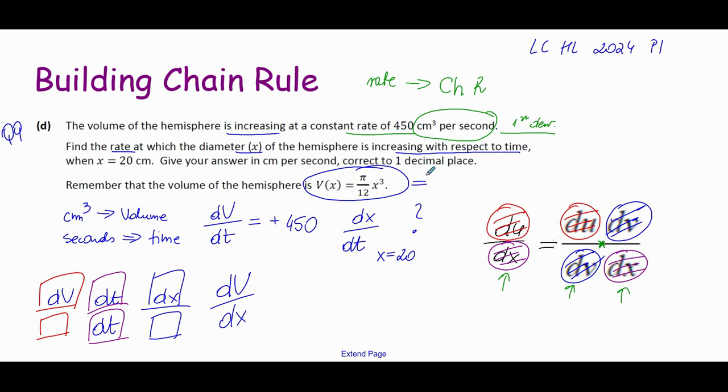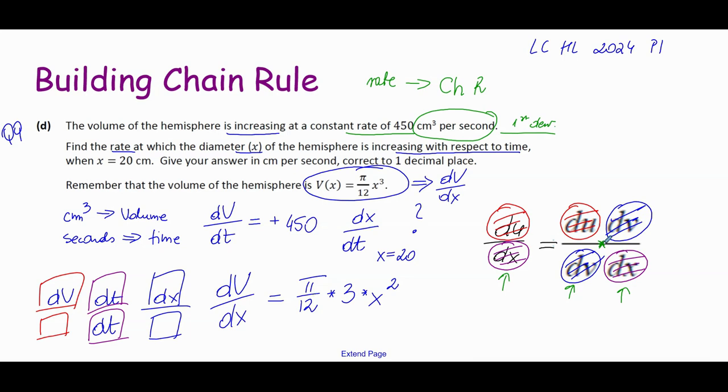That is the derivative that we can change into my dV dx that I am missing, the third derivative. So 1, 2, 3. Let's create that third derivative. Pi over 12 will cross over, then 3 will go in front, and then multiply by x, and that 3 goes down in power, so power of 2. So I have 1, 2, 3.